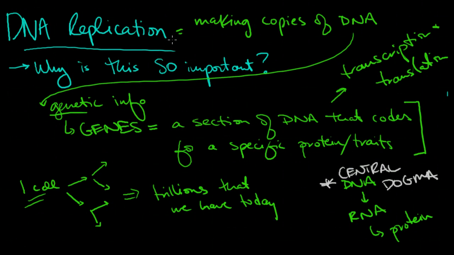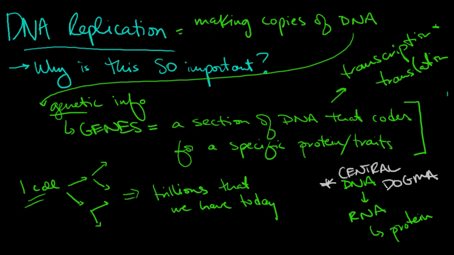Just like we've seen helicase and RNA polymerase in transcription, which are proteins involved in making other proteins, we're going to talk about helicase again and DNA polymerase this time. And then we're going to talk about complementary base pairing one more time and semiconservative replication.